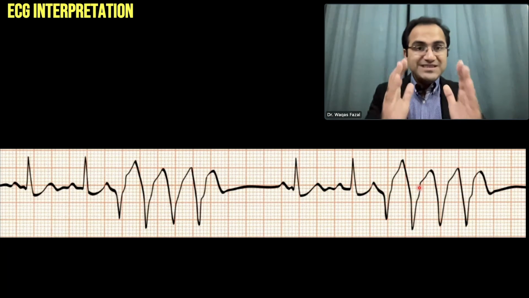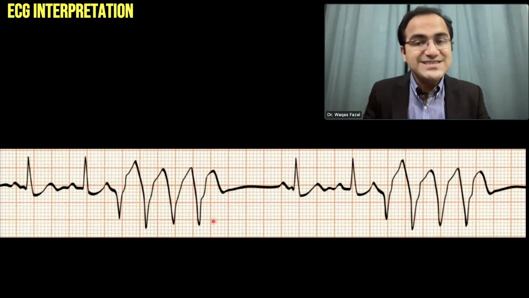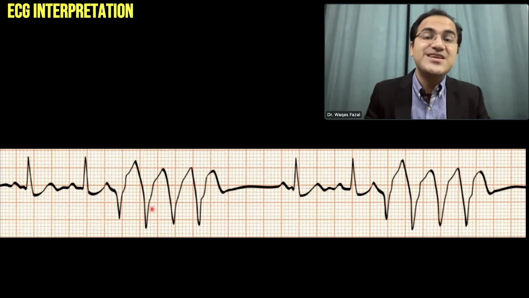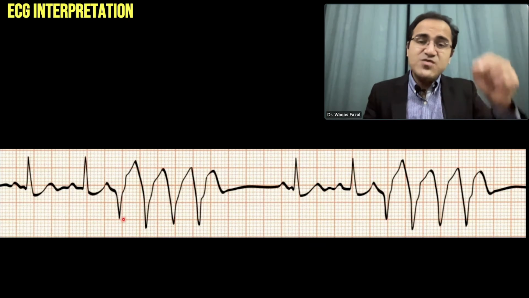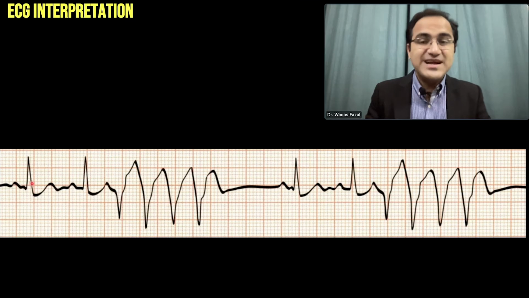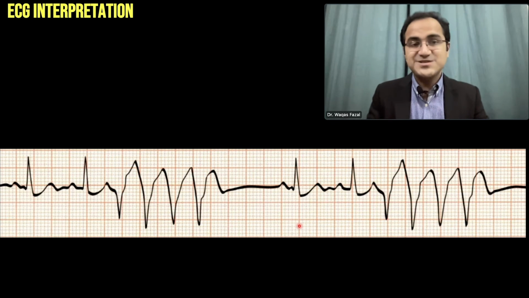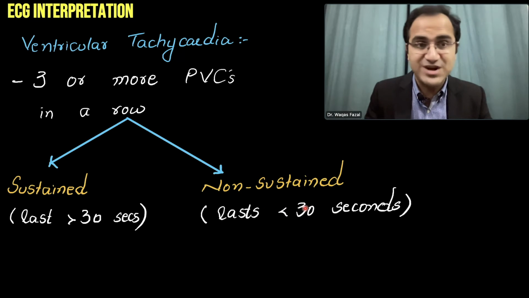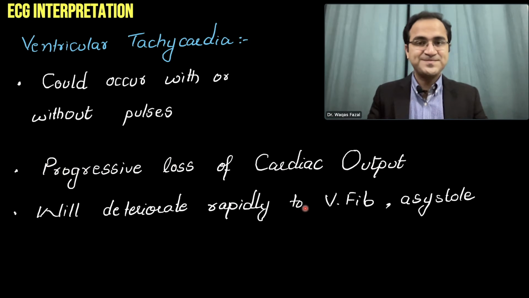Now the PVCs are there, but the PVCs are not lasting for more than 30 seconds. That is called a non-sustained ventricular tachycardia, in which there is a ventricular tachycardia for less than 30 seconds, and it is interrupted by the normal sinus beats. That is a non-sustained ventricular tachycardia that lasts for less than 30 seconds.